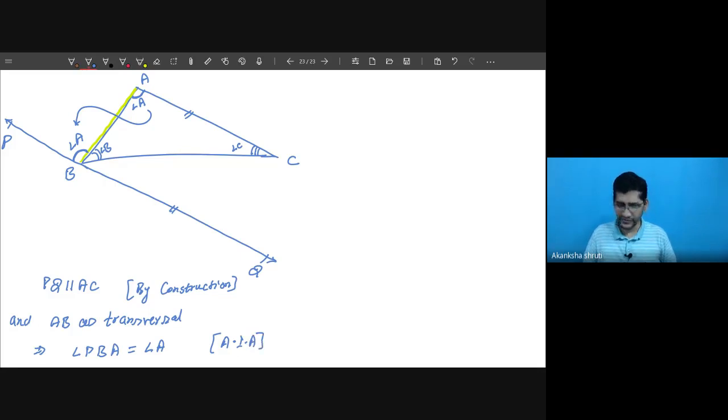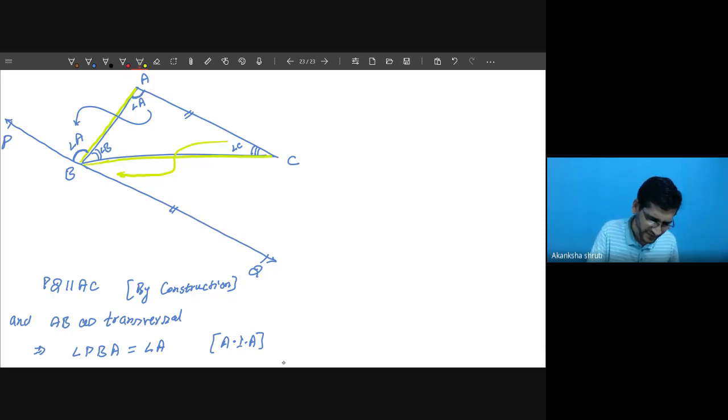Okay, students? Now apply the same thing. Again, student, AC is parallel to PQ and BC is the transversal. Now this BC is acting as our transversal. So while this BC acts as transversal, whatever this angle is, the same will be this angle.